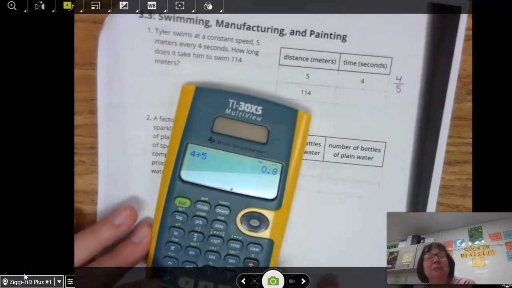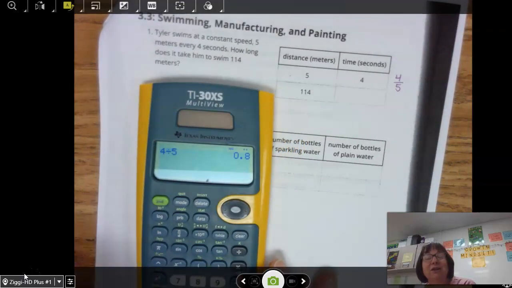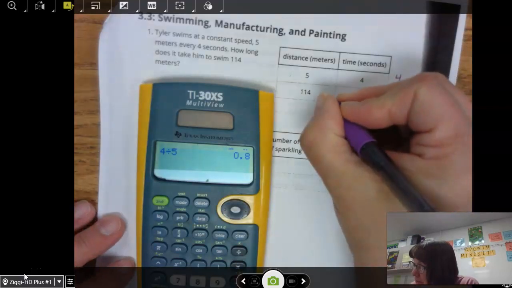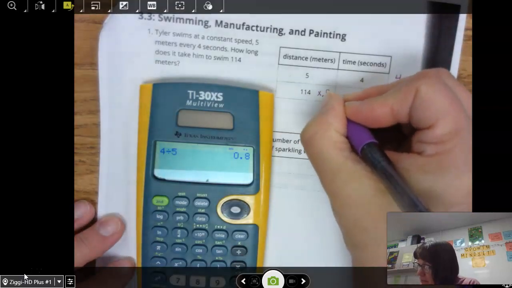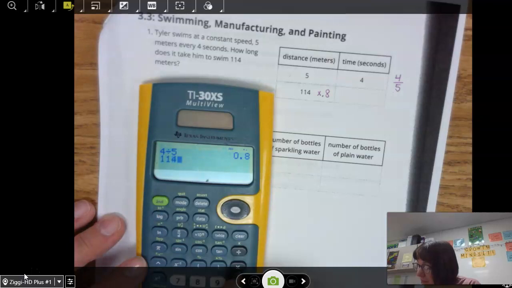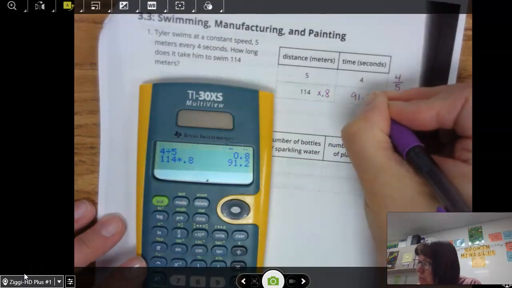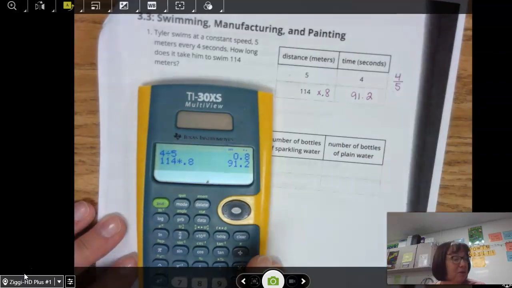Which gives us 0.8. And do you remember that second step? Now you're going to take that number and multiply by 114, and you get 91.2 seconds was how long it would take him to swim that.